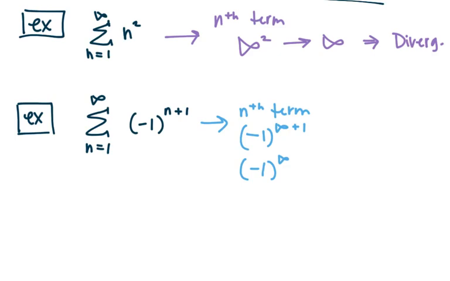Depending on whether that power is even or odd, this is going to approach negative 1 or positive 1. If you raise negative 1 to an odd power, it remains negative, and if you raise negative 1 to an even power, it turns positive. So again, this is a situation of something that is divergent.